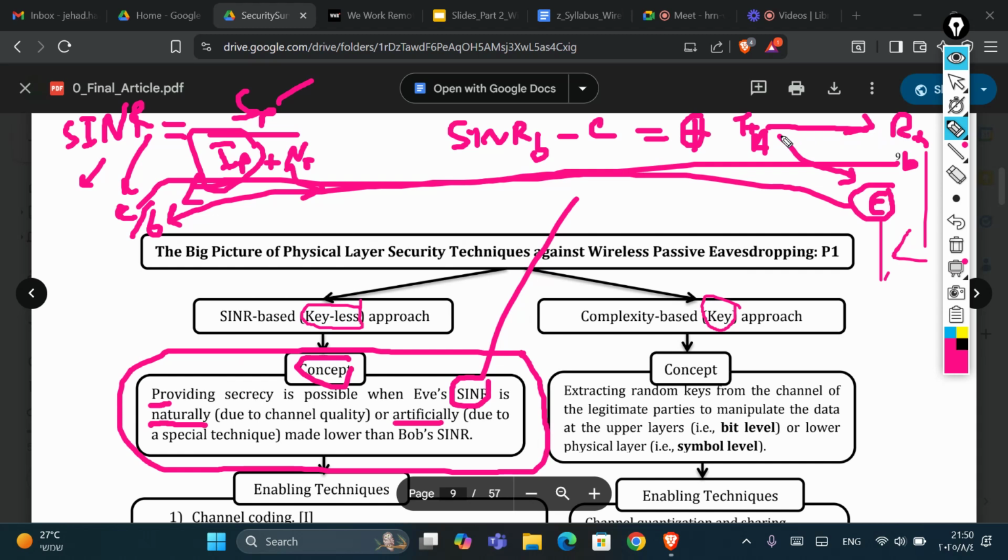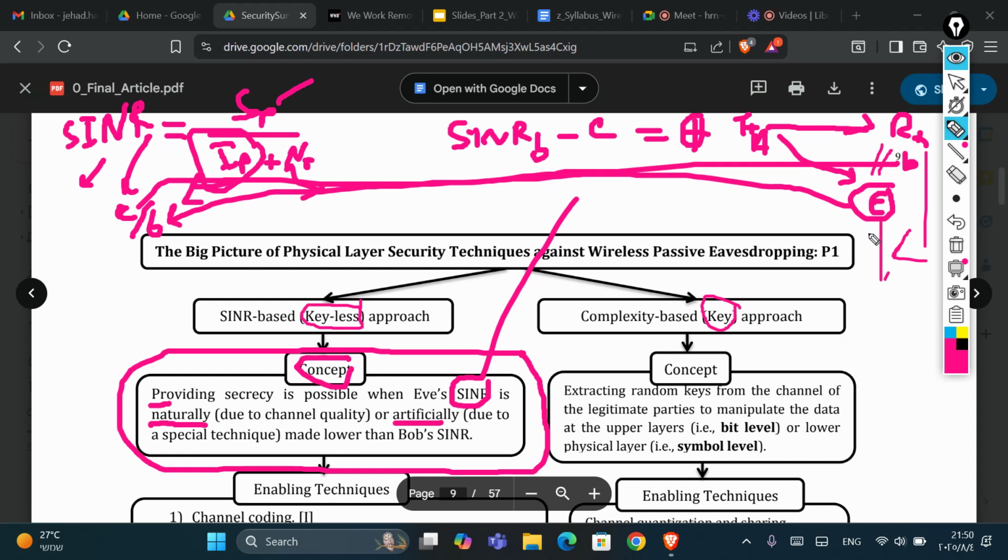So if this is the case, then we can provide physical layer security. However, if Bob and Eve have relatively equal or close signal to interference noise ratios, what will happen in this case?